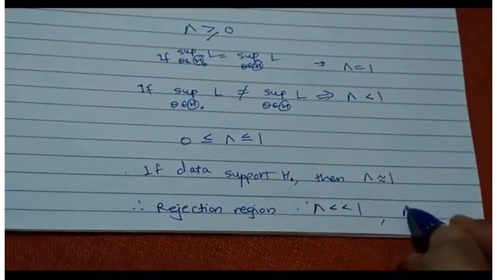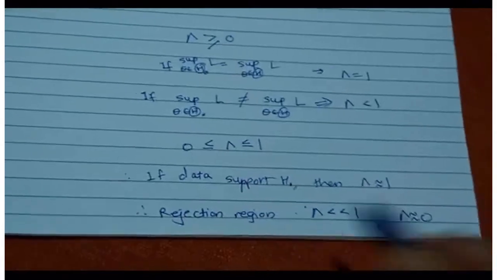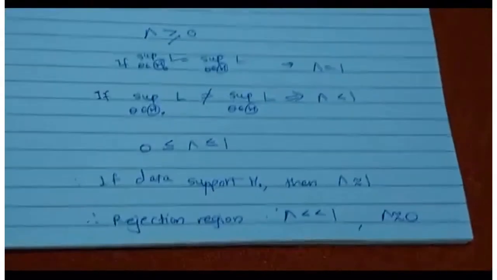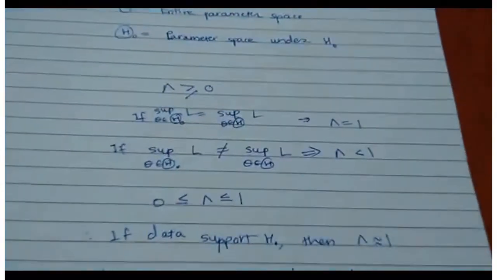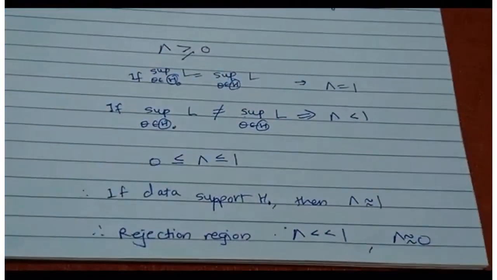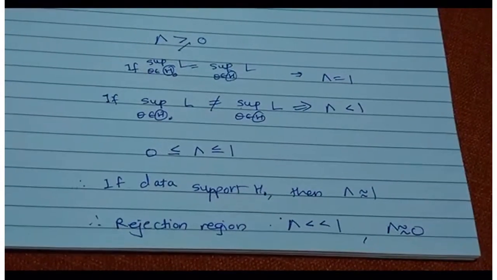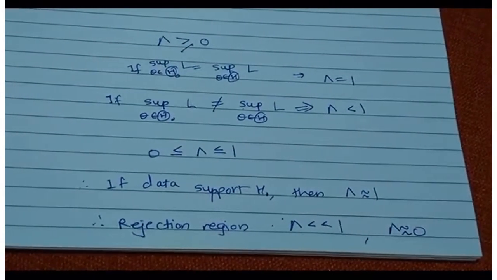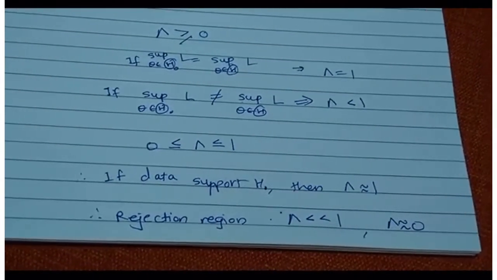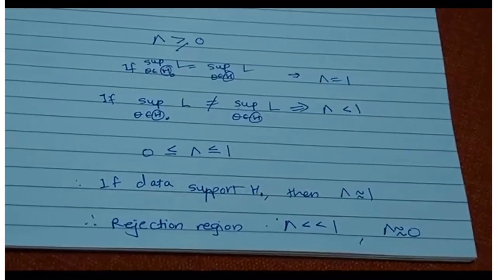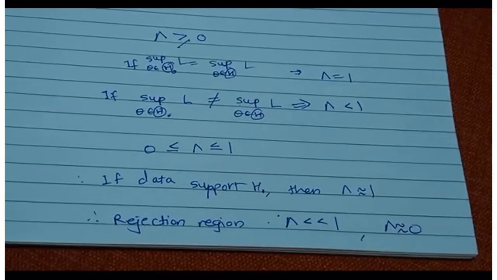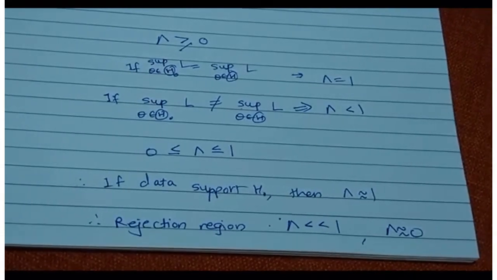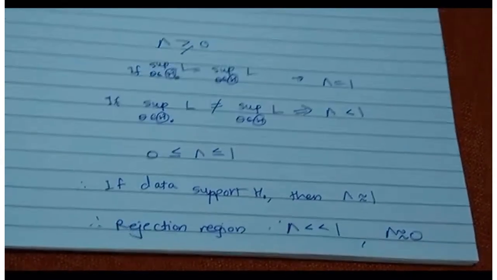So if lambda is close to 0, then we will conclude that H0 is wrong, because the supremum over the overall space is much higher than the supremum under H0. Hence we would say that the current data do not support H0 much. So the important thing here is that a very small value of lambda leads to rejection.